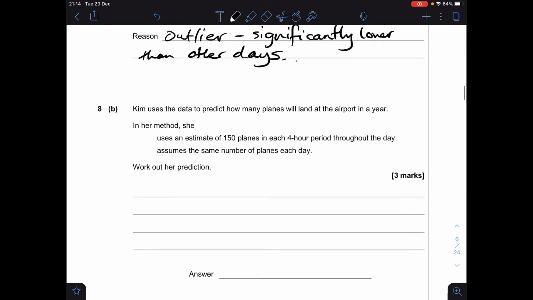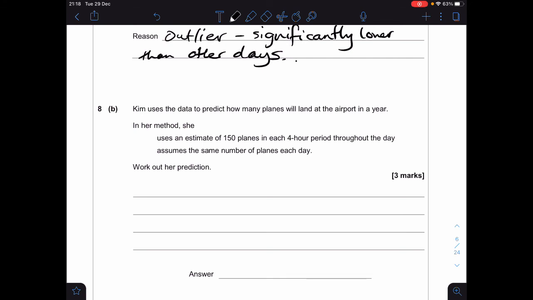Part B. Kim uses data to predict how many planes will land at the airport in a year. In her method, she uses an estimate of 150 planes in each 4-hour period throughout the day and assumes the same number of planes each day. Work out her prediction. So 150 planes in each 4-hour period. So we want to work out the 24-hour period, and then we'll work out how many it is throughout the year.